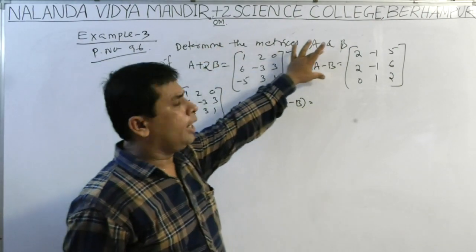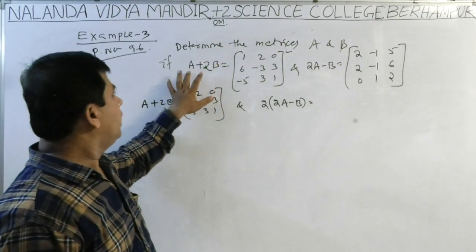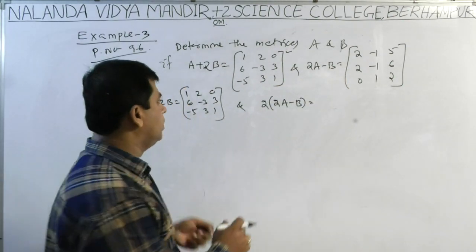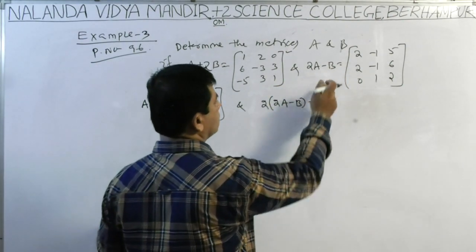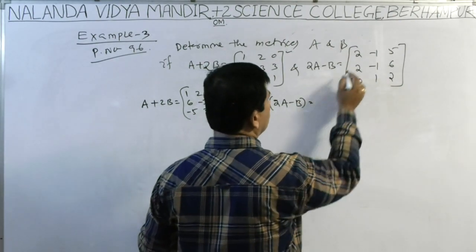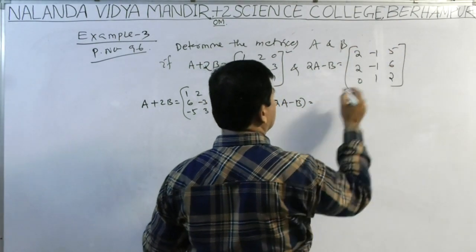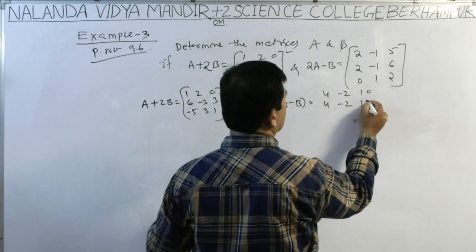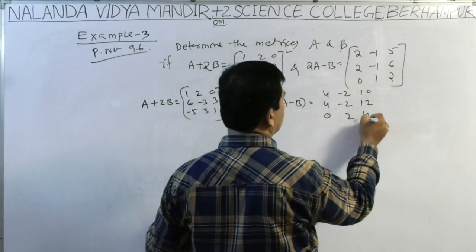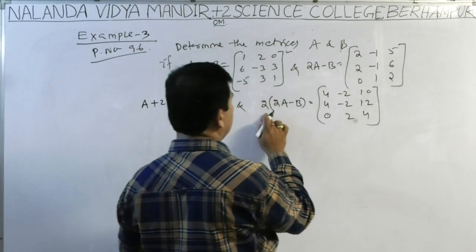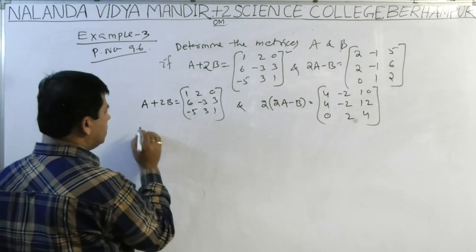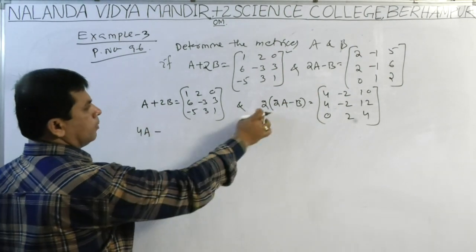If we add to the left hand side we get only A, as we cancel out the 2B with the minus 2B. Therefore 2 into 2A minus B is multiplied with every element of this matrix: 2 into 2 is 4, minus 2, 10, 4, minus 2, 12, 0, 2, 4.